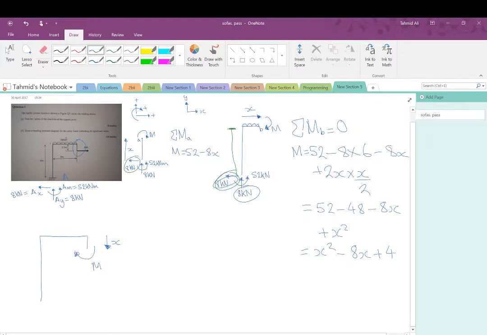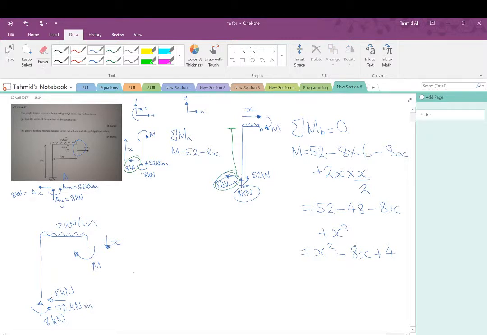Okay, M, uniform load, 2 kilonewtons per meter. We have 8 kilonewtons. Apologies for the bad handwriting, but you should be able to understand.